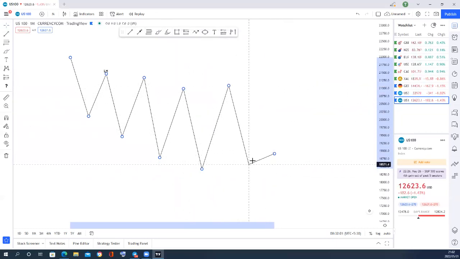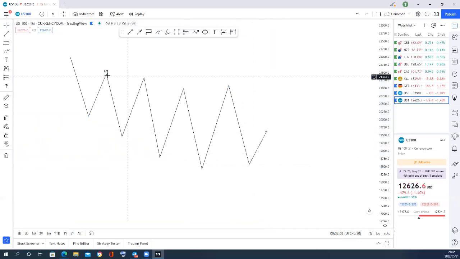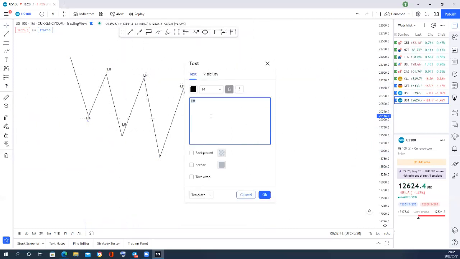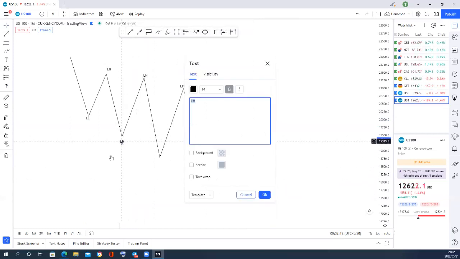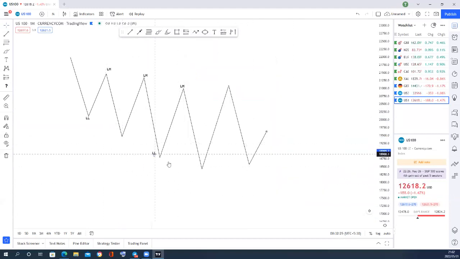We have a lower high, a lower high, a lower high, and then we have a lower low. Then we have our lower low, and another lower low here.